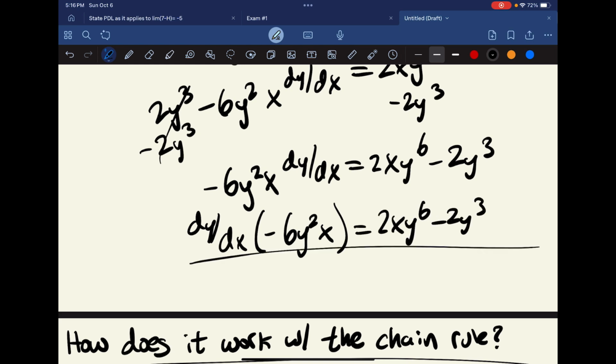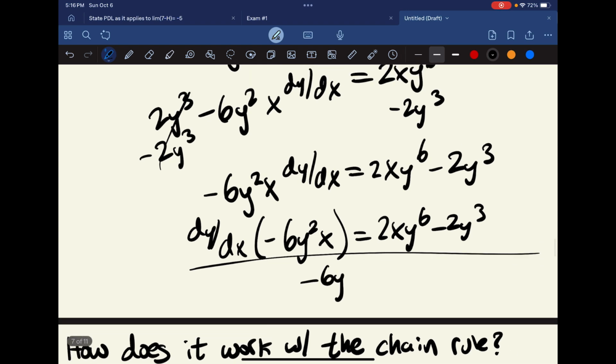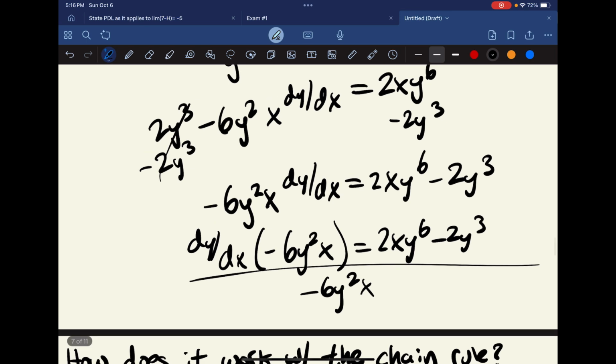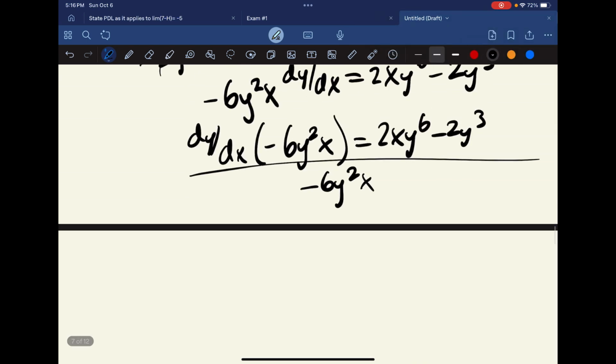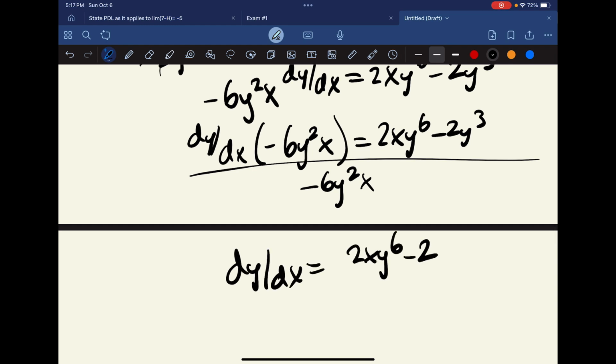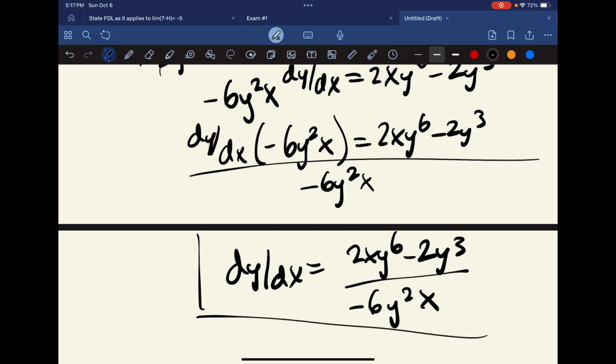And then finally, we divide both sides by that negative 6y squared x, and we are left with, right, dy dx equals 2x y to the 6th minus 2y cubed divided by negative 6y squared x. And you would generally just leave it like this.